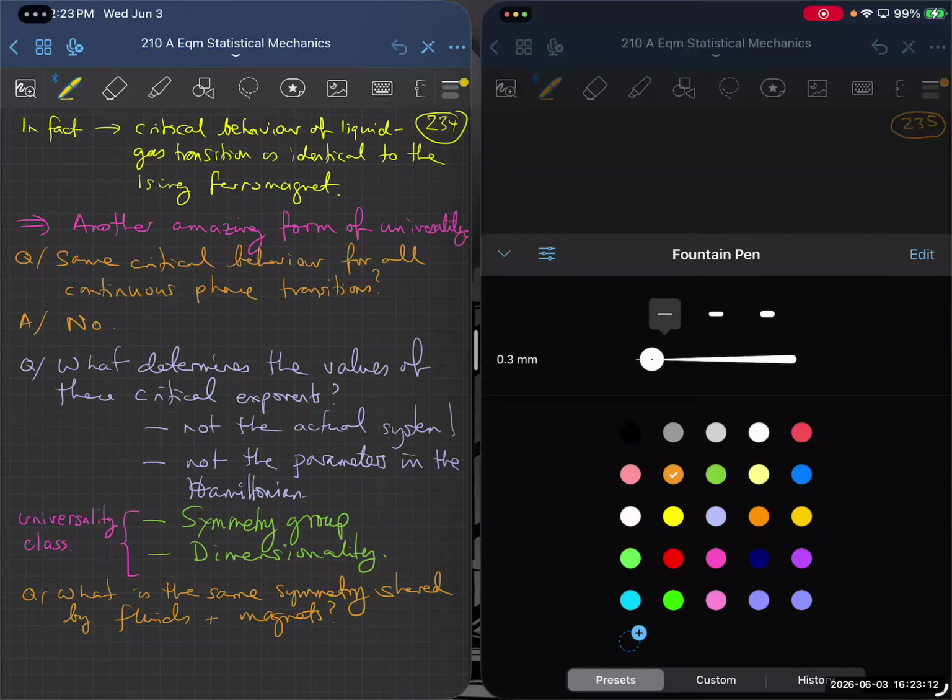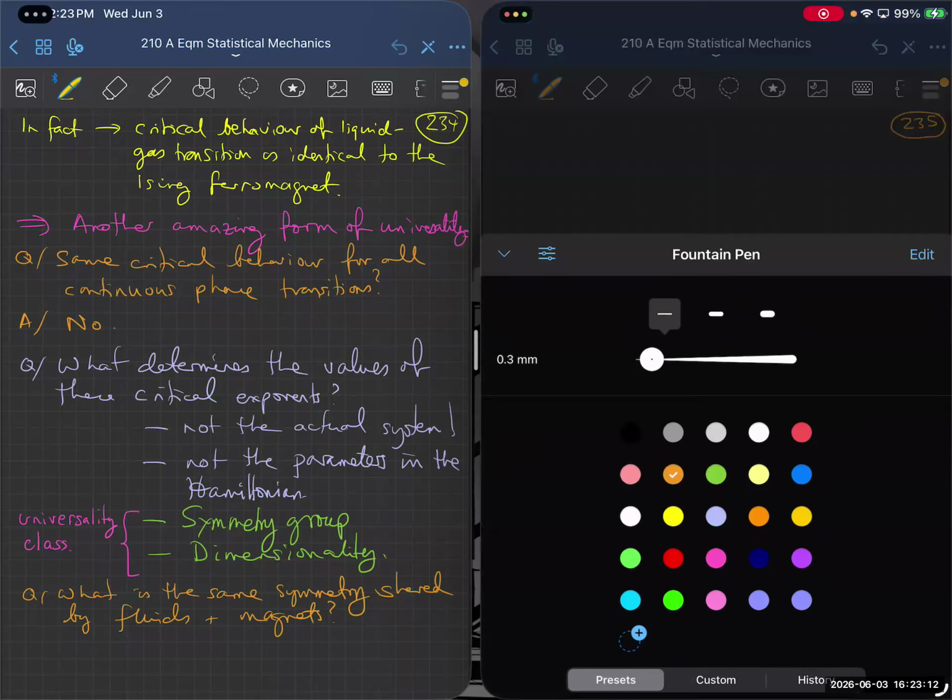Here it is. So I'm going to show you why a fluid is really a magnet, at least a certain type of magnet. Okay, so here on the right is a box, and inside the box are particles bouncing around. So I've just taken a picture of them, and maybe they're in this configuration like that, let's say.